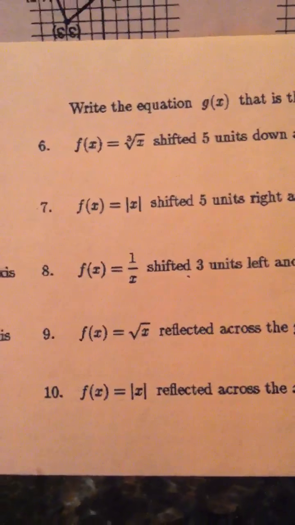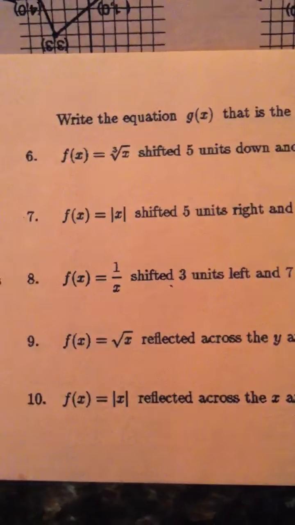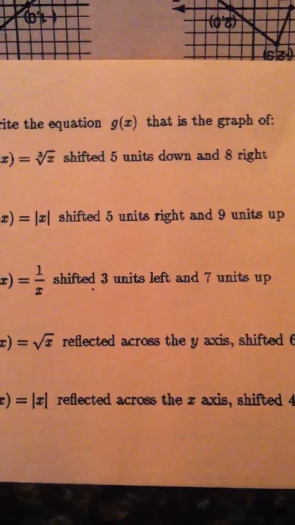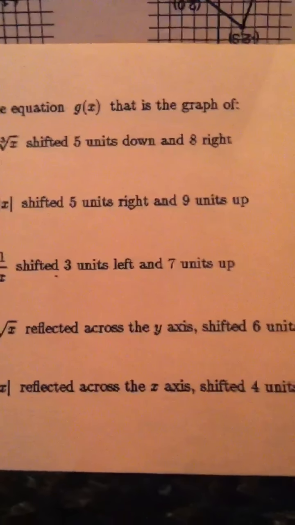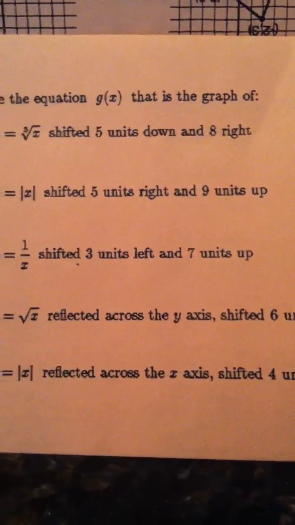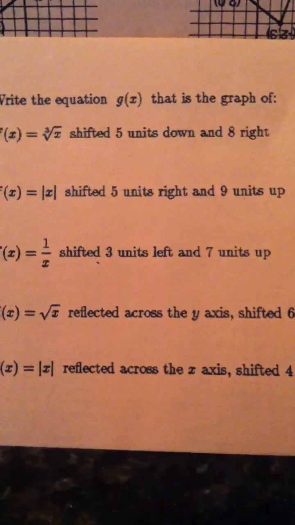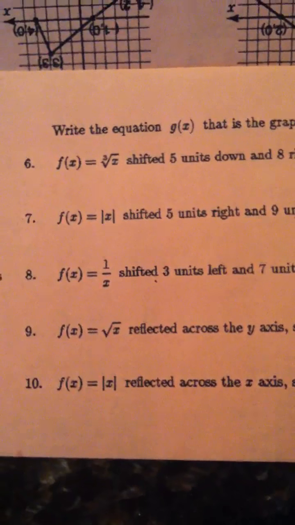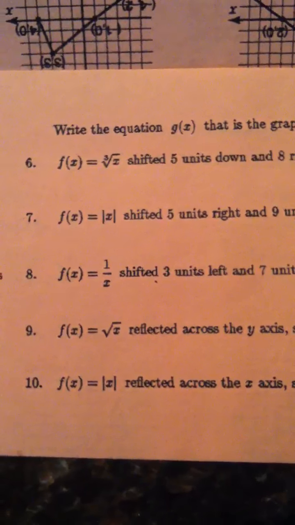Question 8. I'm taking the graph 1 over x and I'm shifting it 3 units to the left and 7 units up. Well, you already know the 7 units up means plus 7 because the y value does what it says. 3 units to the left is going to affect the x value.